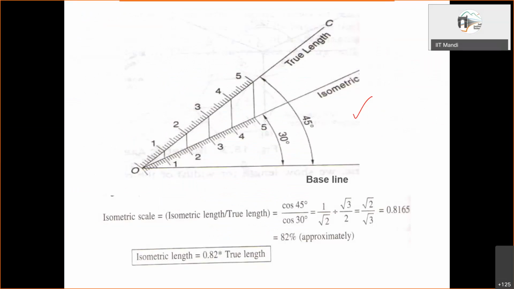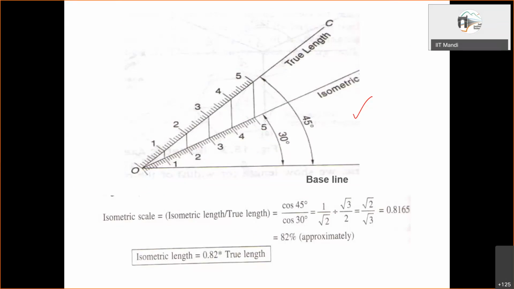Okay, so here you see the true length is drawn at a 45-degree inclined line and isometric length is drawn at a 30-degree inclined line. So suppose our drawing has maximum dimensions up to 10 centimeter, then we'll draw the true length of 10 centimeter on the true length scale and then get all the reduced lengths on the isometric scale.